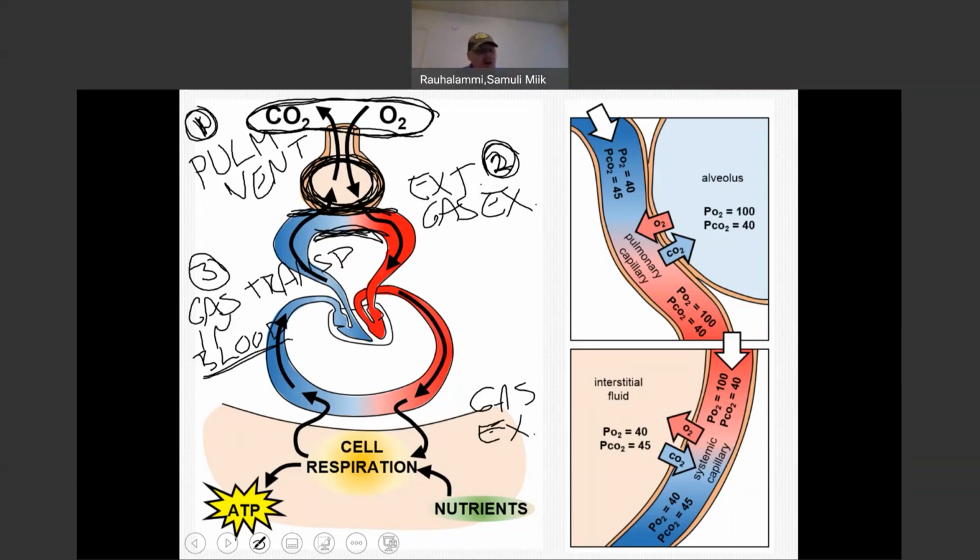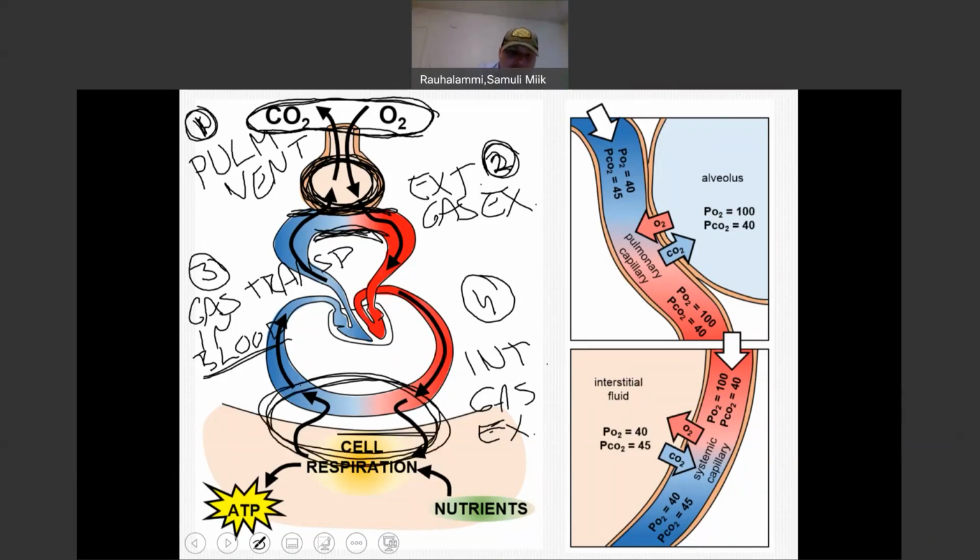That forms the third phase of our respiration. We have one more phase left, and that's our internal gas exchange. Again, we're exchanging gases between the capillaries of the systemic circulation and the cells or the interstitial fluid of the systemic circulation tissues.